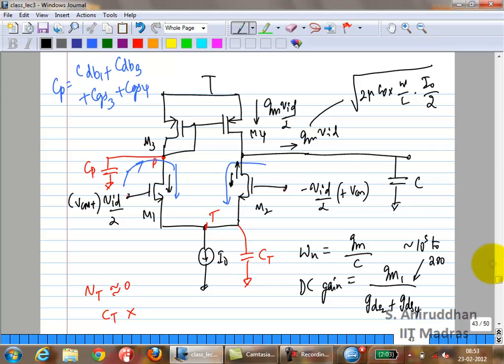Well, where does it come from? M1 squared. I can see how you get M2 squared. How do you get M1 squared? I mean noise from M1. It goes through the current mirror and goes to the output. Right? Perfectly fine. So you get noise current from M1 and M2. Anything else? How about M3 and M4?